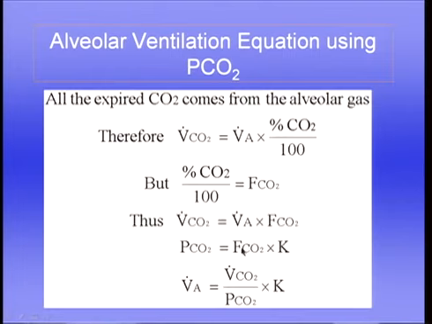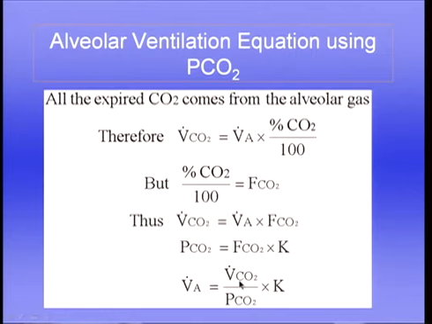In other words, the partial pressure is proportional to the fractional concentration. We don't need to worry too much about this constant K. But this allows us to insert PCO2 over K for fractional concentration, and that gives us the final equation, which is called the alveolar ventilation equation.